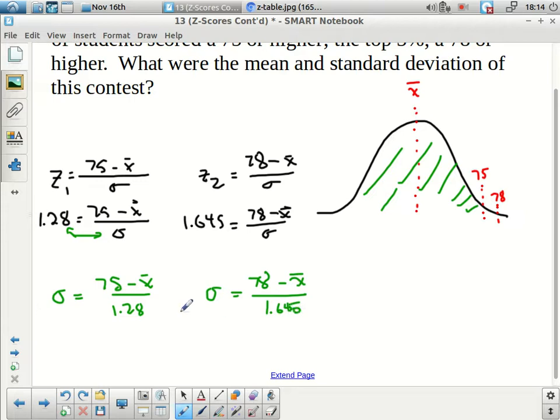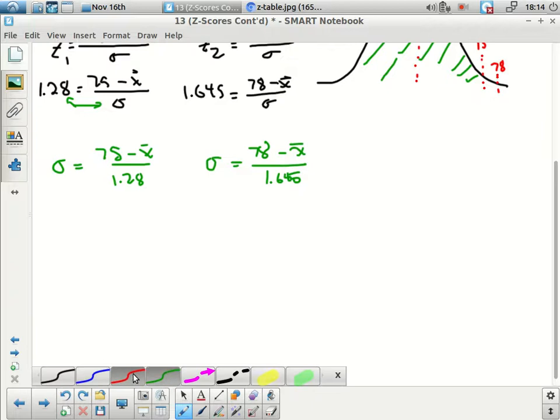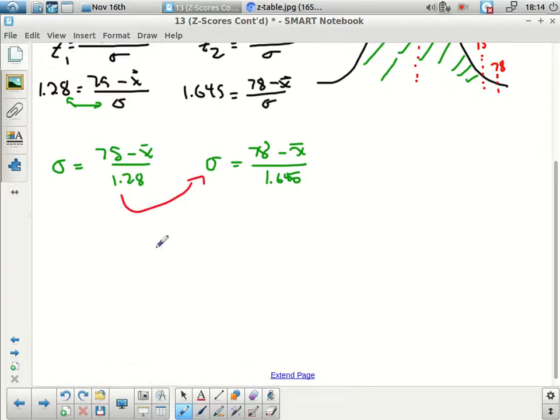Okay, so now I have two equations that say sigma equals, which means that those two things are equal to each other. So I can substitute one expression for sigma into the other expression, and I get this equation. (75 minus x bar) over 1.28 equals (78 minus x bar) over 1.645.